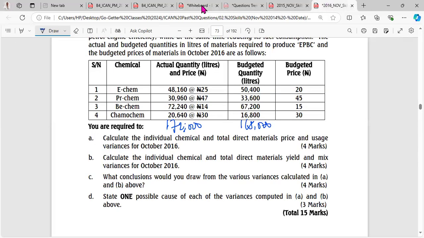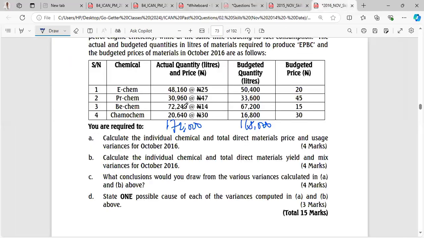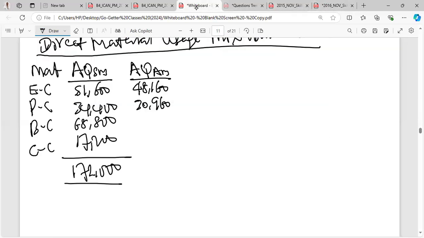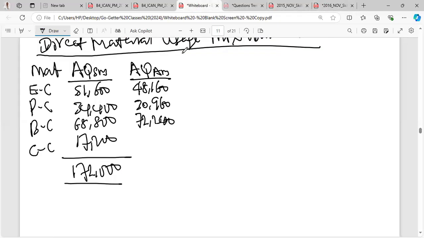48,160, 30,960, 72,240, 20,640. That should give us another 172,000, because we already calculated it as 172.